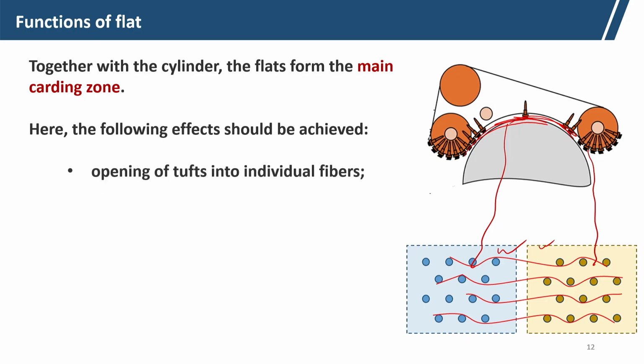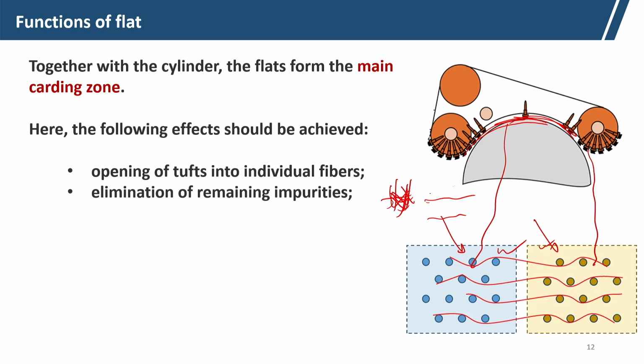What are the effects? Opening the tufts into individual fibers. The fibers are in tuft form and they will be opened to individual fibers with the help of the two sets of pins.